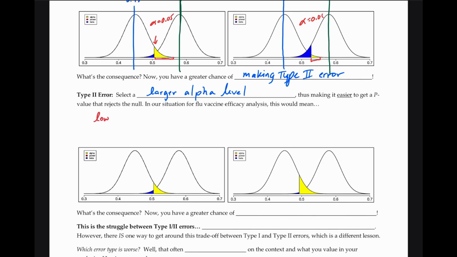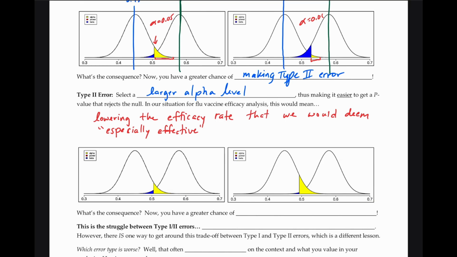Well, in this case, it means that we are lowering the efficacy rate that we would deem, we're going to use that phrase again, "especially effective." So we're lowering the efficacy rate that we use as our cutoff here.